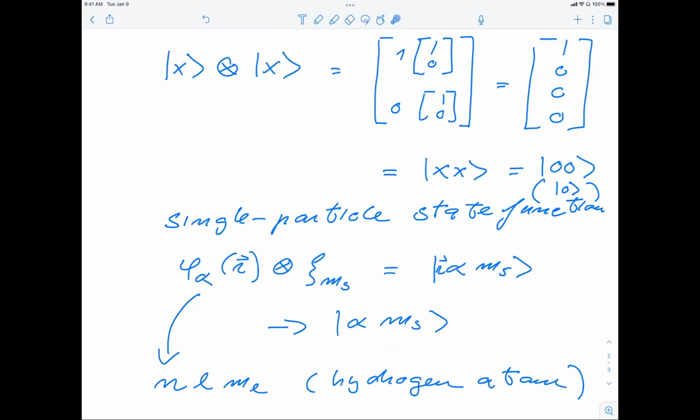And then when we are making a many particle state, that would be the tensor product of all the single particle Hilbert spaces. So these states which you see here, they would then define the single particle Hilbert space. And from the context, you will see whether this is a many-body state or a single particle state.